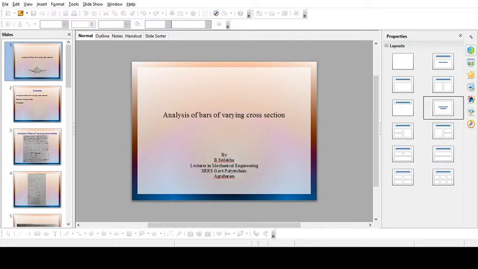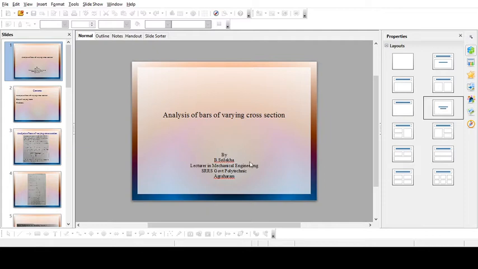Initially we are going to explain the various steps involved in analyzing the bars of varying cross section. Here a figure is given, that is 1.13, in which you can see in a composite bar, two cross-sectional areas are there, D1 and D2.